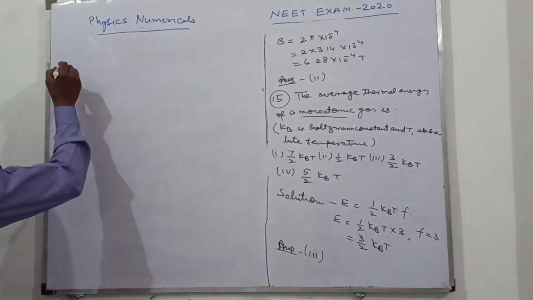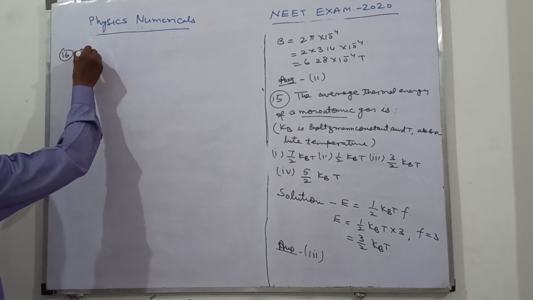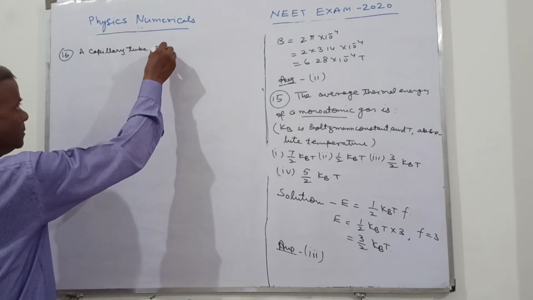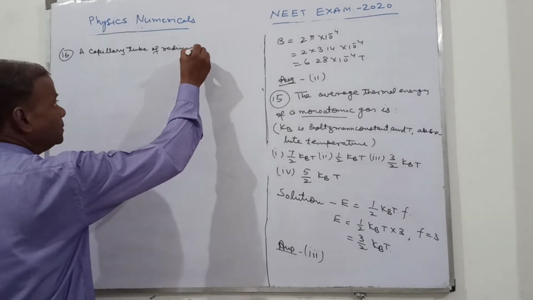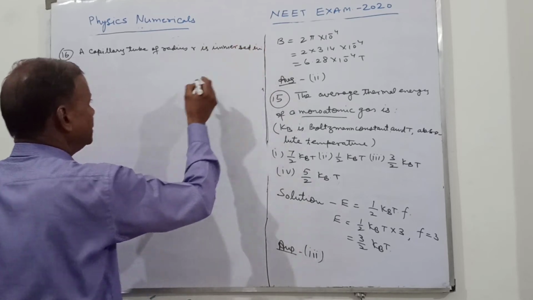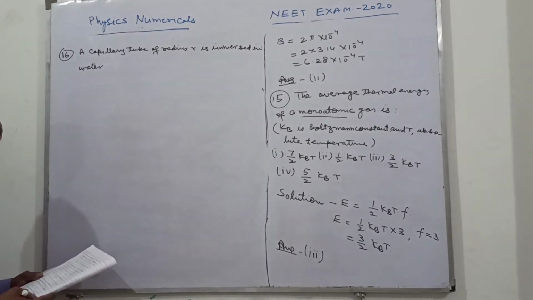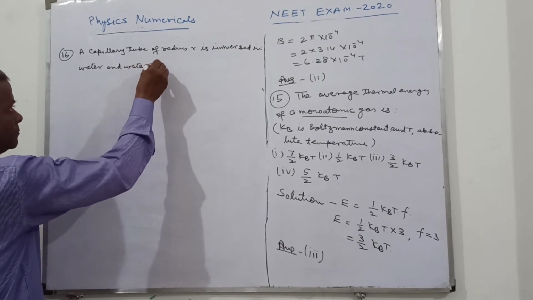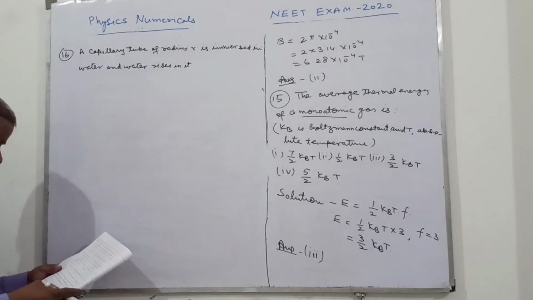Now question 16. A capillary tube of radius r is immersed in water, and water rises in it to a height of h.